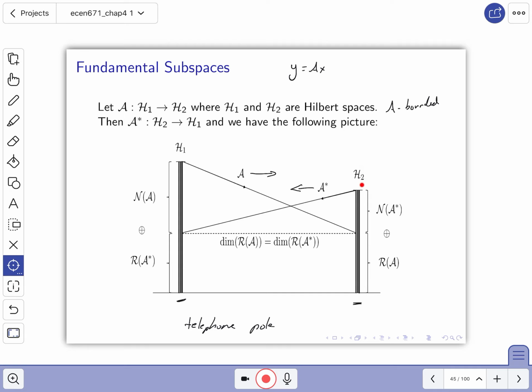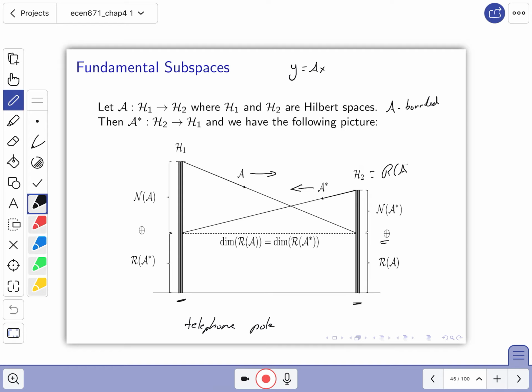Now it turns out that if you look at H2, it can be completely decomposed into the range space of A and the null space of A star. This little symbol here represents the orthogonal sum. What we mean here is that H2 is exactly equal to the range space of A, orthogonal sum, with the null space of A star.